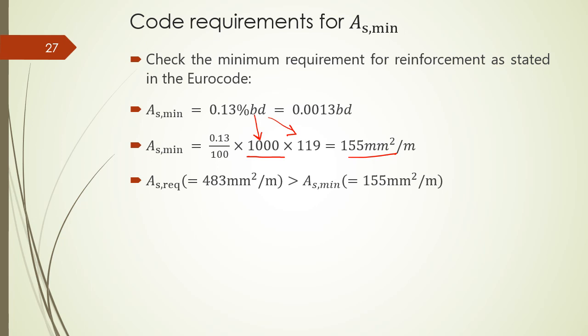So the required area of steel is more than the nominal area of steel, so we can provide then for the area of steel that was required. That was 483 millimeters squared per meter.